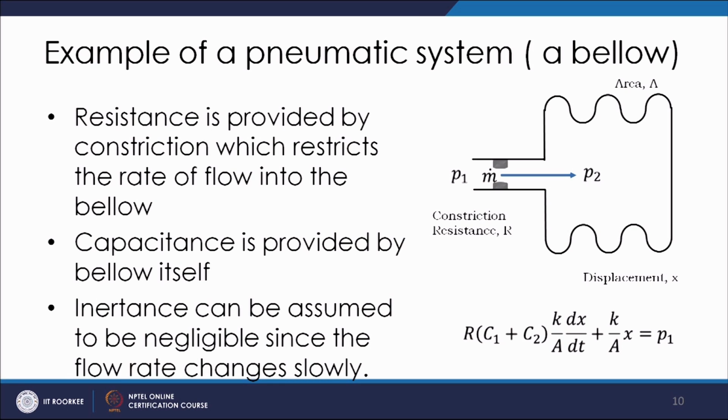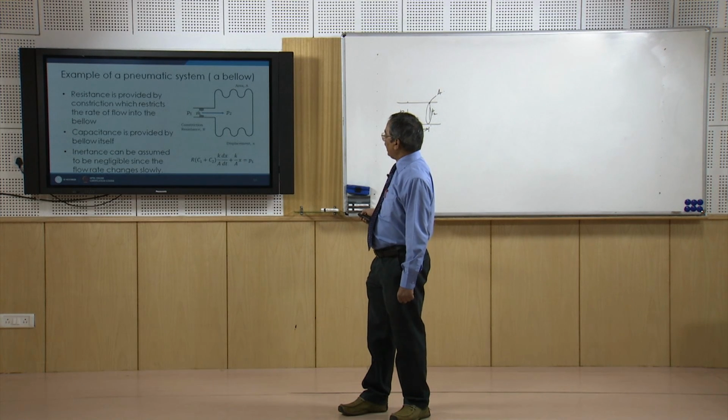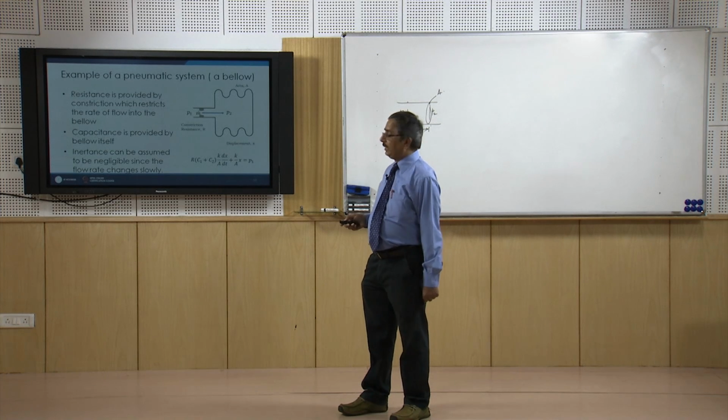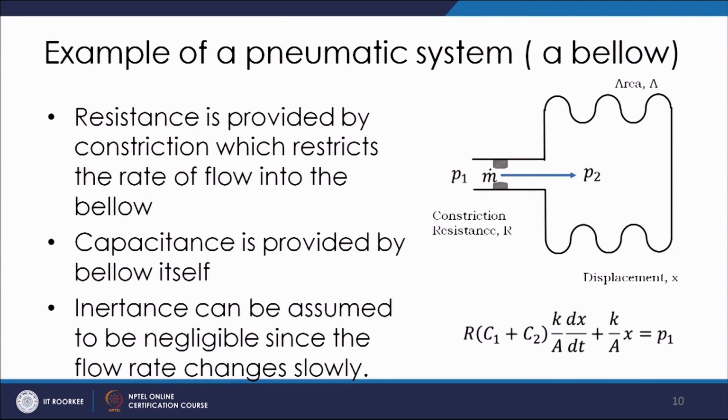And this is how we are going to get the ultimate equation, but I will explain how we get this. Here you can see that P1 is the input pressure, that is the pressure with which the gas enters the bellow, and of course the output is the displacement x of the bellow. So this is a first order differential equation for the bellow.